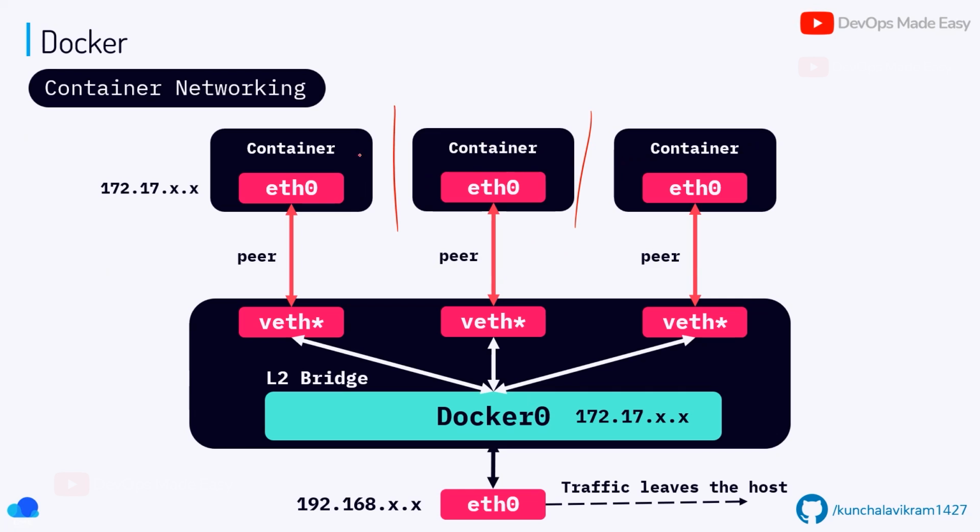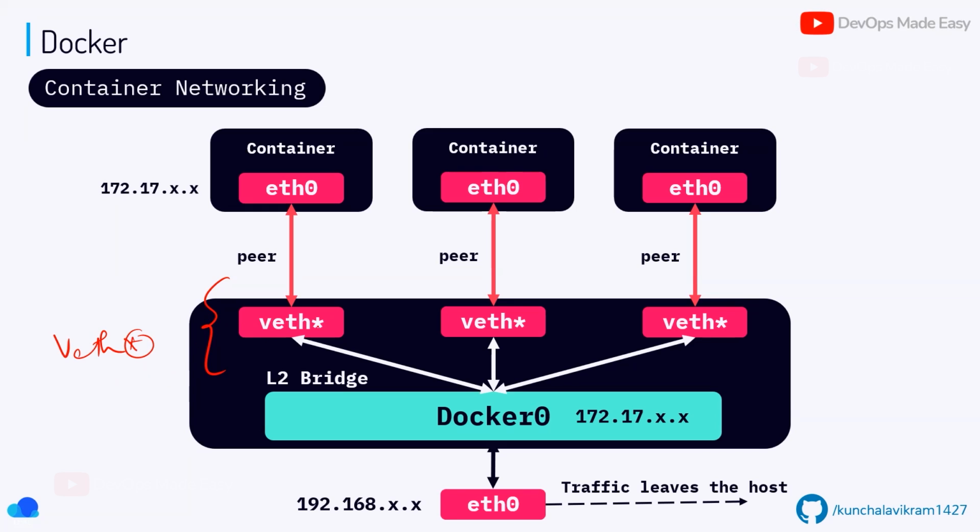But how does this container actually make an outbound connection? Whenever a container is created, it gets connected to Docker 0, the default bridge network. Also a virtual Ethernet pair is created. We call it VETH star, where the star will be a name that is auto assigned.